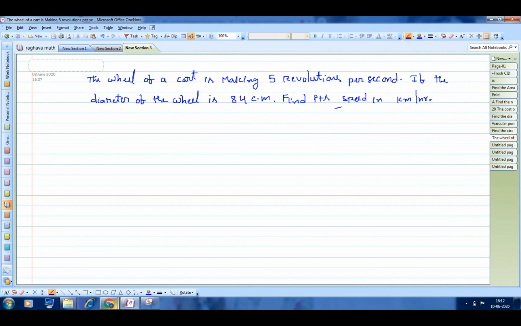You have to find out the speed in kilometer per hour. First find the speed in meter per second and convert into kilometer per hour.